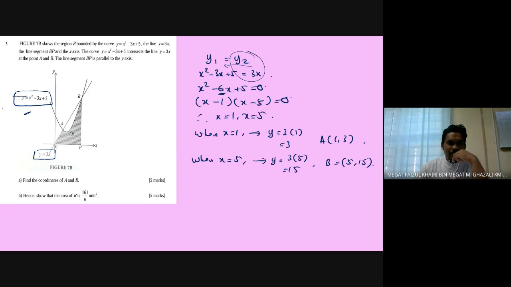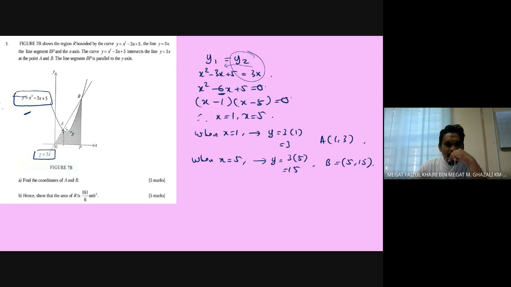So, class, my idea for this situation now is that we are going to divide this into two parts. Why?